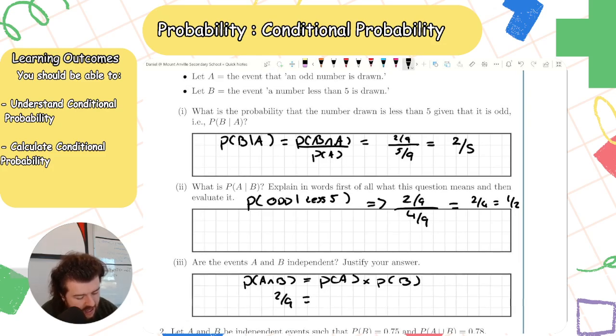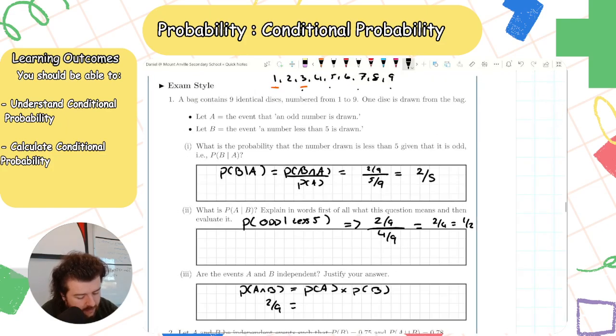Probability A is the probability that an odd number is drawn. It's 5/9. And probability a number less than 5 is drawn is 4/9. Multiply them together, you get 20/81. 2/9 does not equal 20/81. Right? Therefore, not independent.